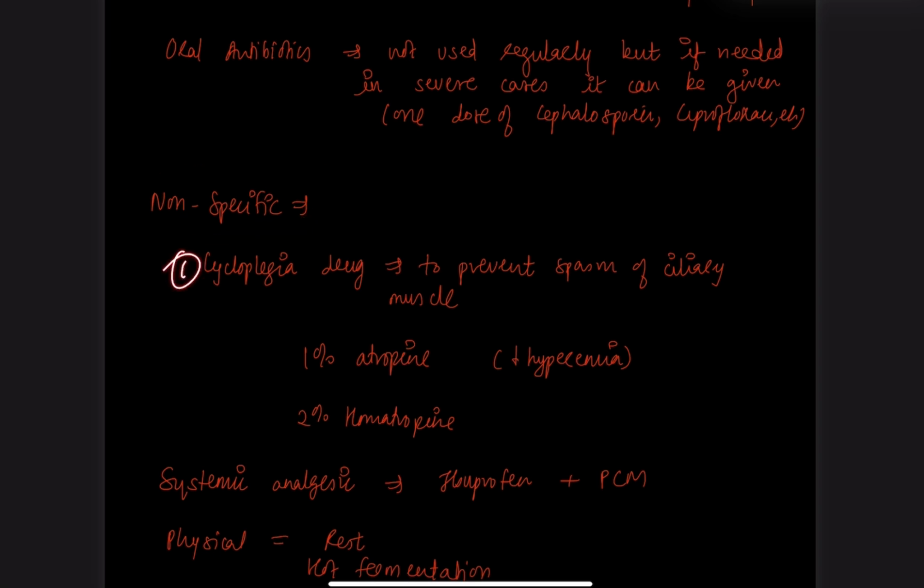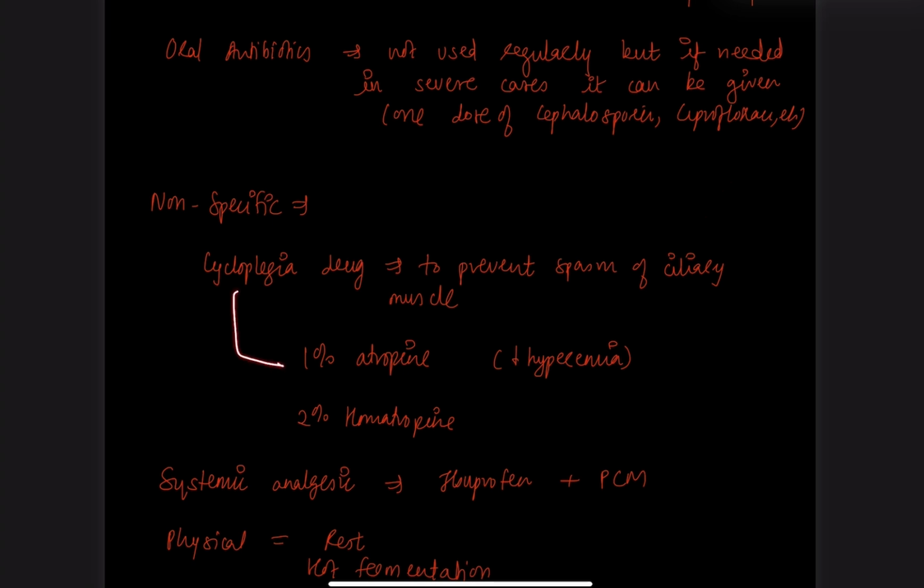Non-specific treatment: first we will give cycloplegic drugs. You have to understand the word cycloplegia is used to relax the ciliary muscles. So to prevent the spasm of ciliary muscles, we have seen the pain in the clinical features; the pain for the patient was mainly due to the spasm of the ciliary muscles.